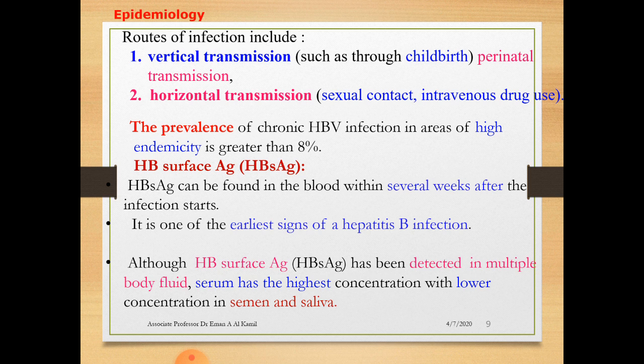Although hepatitis B surface antigen has been detected in multiple body fluids, it is present in the serum or blood in high concentration, and in lower concentration in the saliva or in the semen.